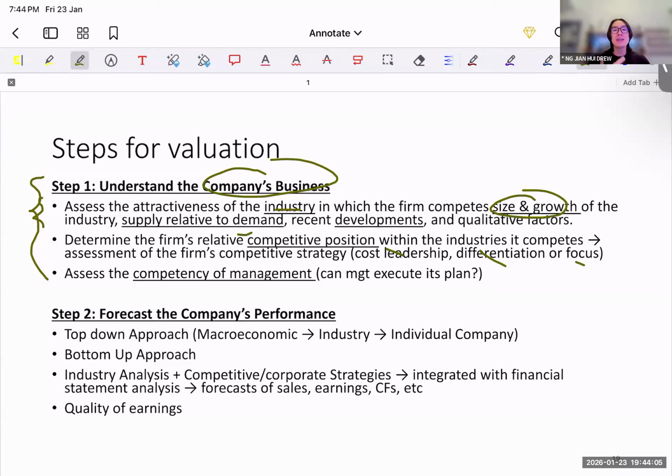So we'll see a few frameworks to help you craft your argument behind understanding the business of the company.